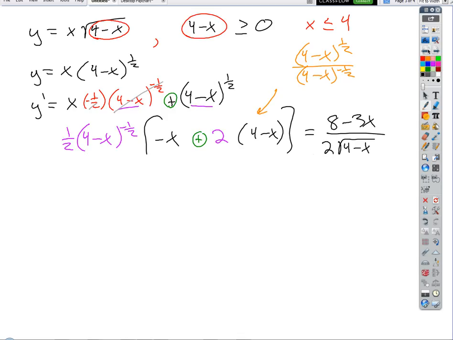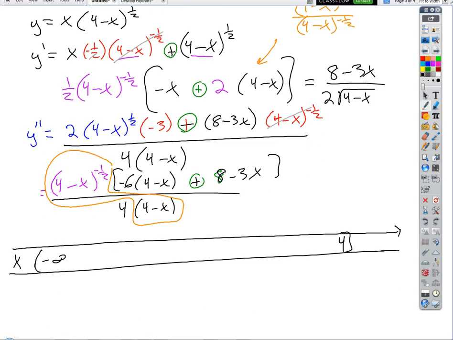So using that thinking on this problem, we've got like bases of 4 minus x. 1 is bigger than -1/2. So we'll keep the base on the bottom to the 1 minus -1/2, which is what? 3/2. See what I'm saying?